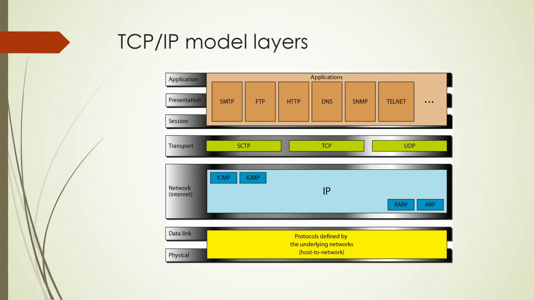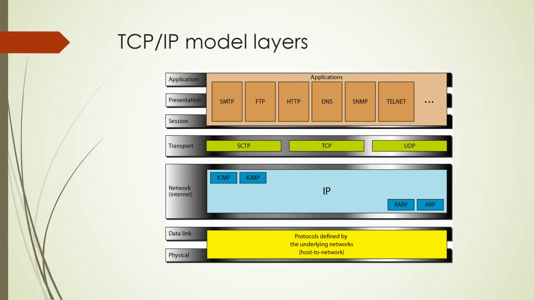Okay, finally, as we were discussing earlier, we have the application layer, the presentation layer, as well as the session layer combined as one layer, and obviously that will define the higher level protocols like SMTP, that is Simple Mail Transfer Protocol. FTP is File Transfer Protocol. HTTP is Hypertext Transfer Protocol. DNS is Domain Name Service.